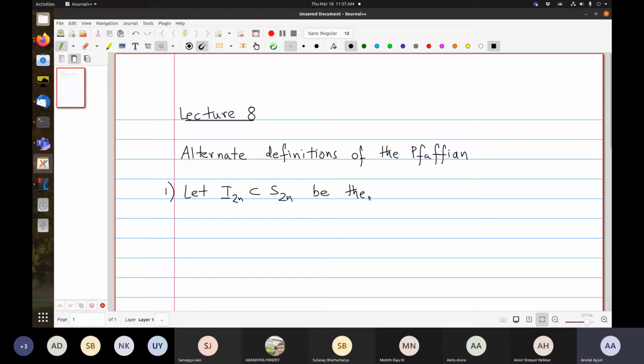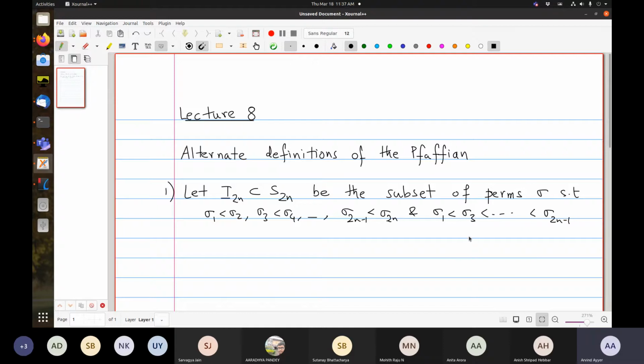So this is the subset of permutations sigma such that sigma 1 is less than sigma 2, sigma 3 is less than sigma 4, etc., sigma 2n minus 1 is less than sigma 2n, and sigma 1 is less than sigma 3 is less than sigma 2n minus 1.